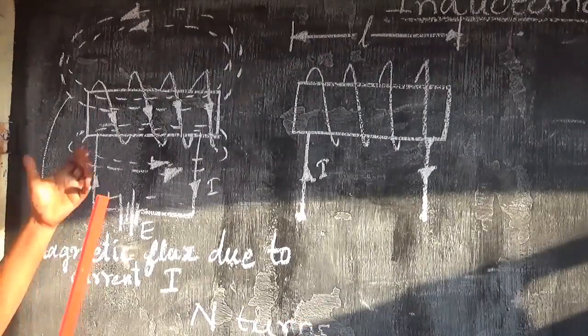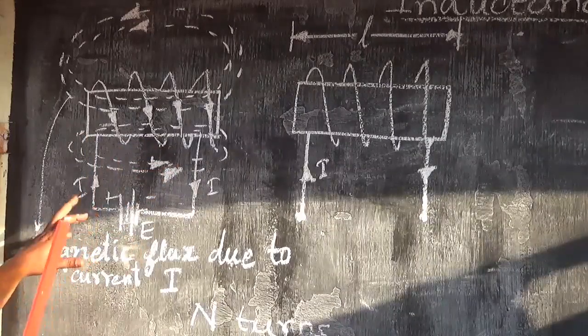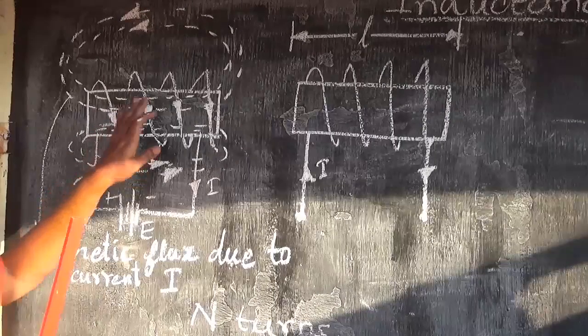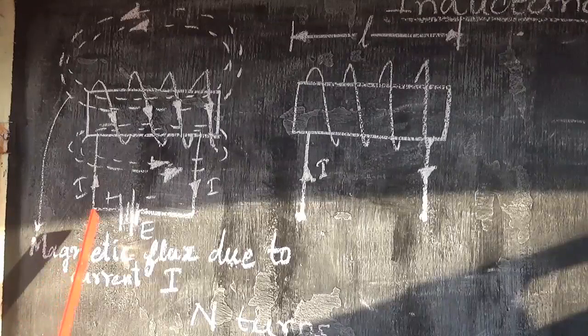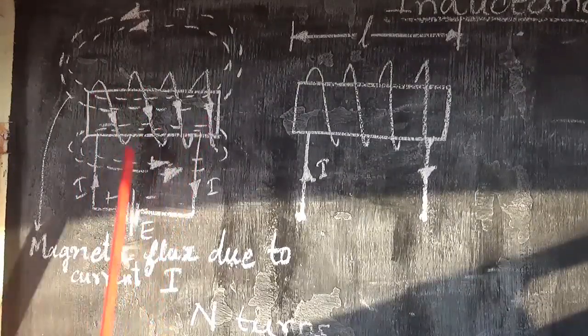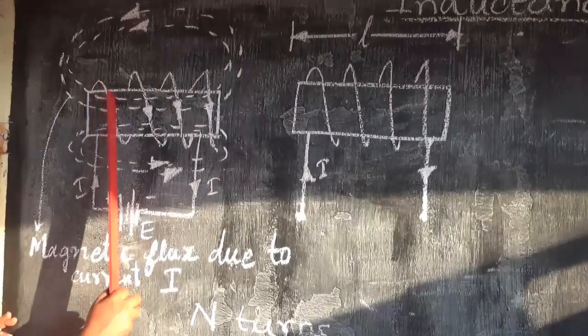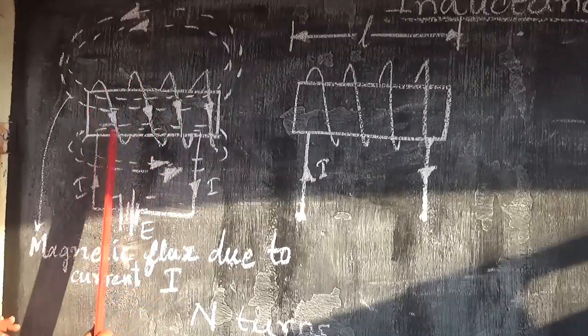So this is called a coil, and how this coil will exhibit the property inductance, that we are going to see now. Some current is flowing through this coil. So if current flows through this coil, it will produce some magnetic field.